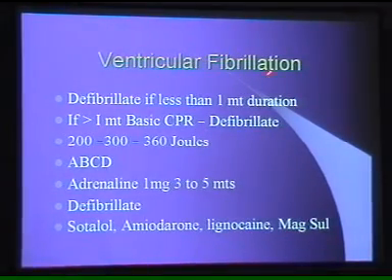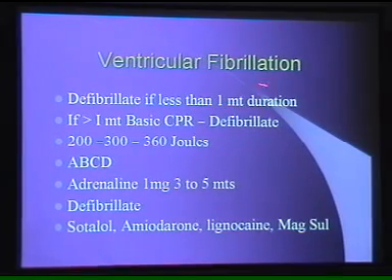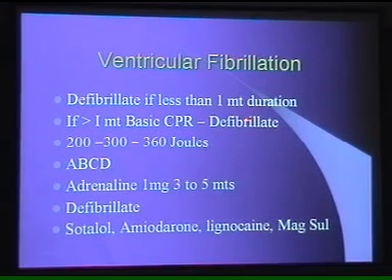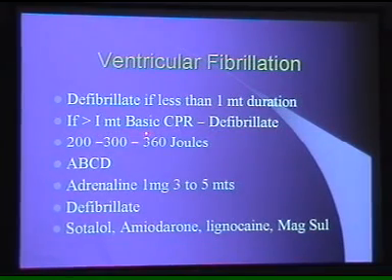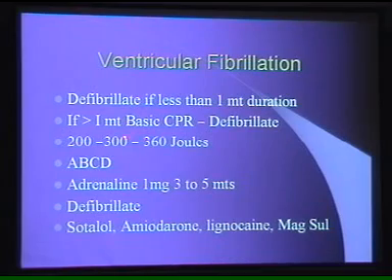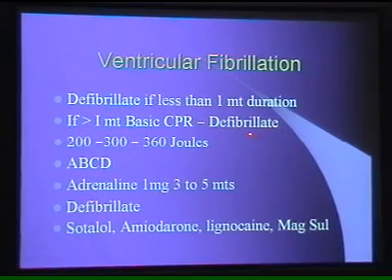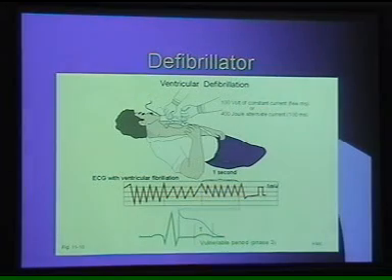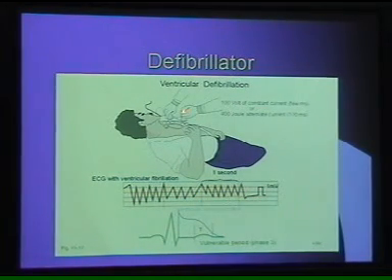Now, ventricular fibrillation requires immediate defibrillation, and if one can do it within 1 minute, then there is no need for any cardiopulmonary resuscitation. If 1 minute has passed, then basic CPR should be done first, and then the person should be defibrillated. Next, that's the technique for doing the defibrillation.